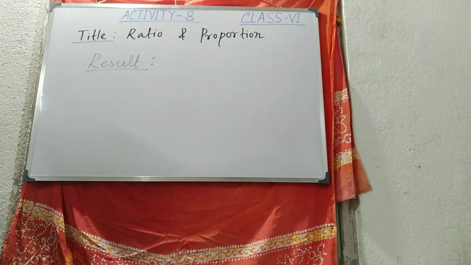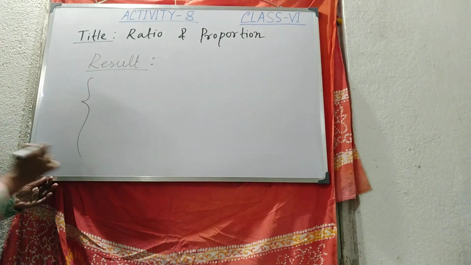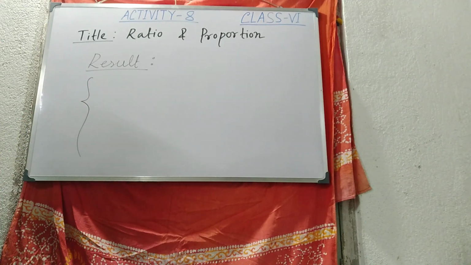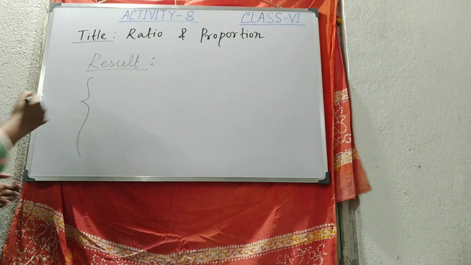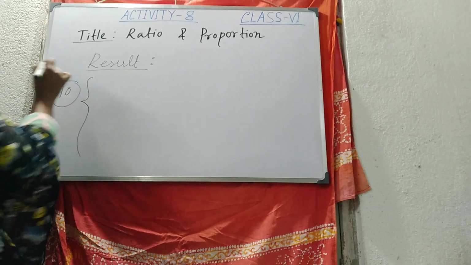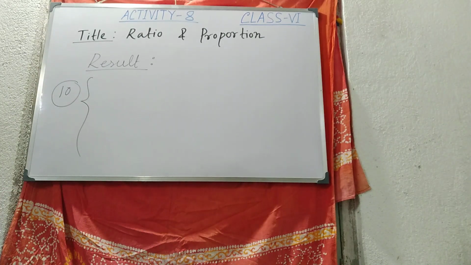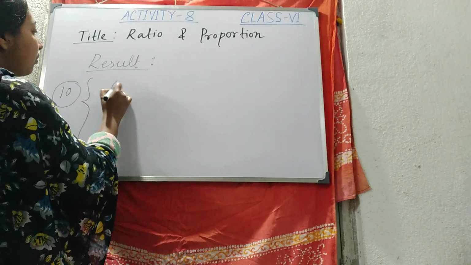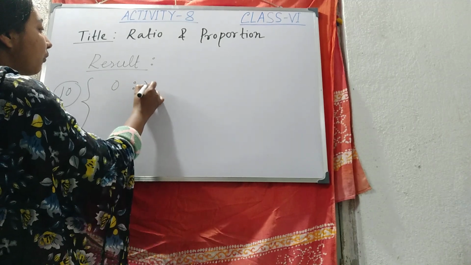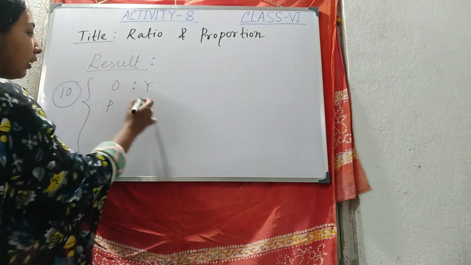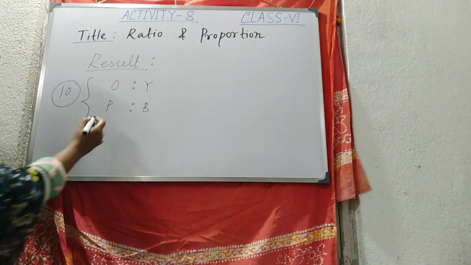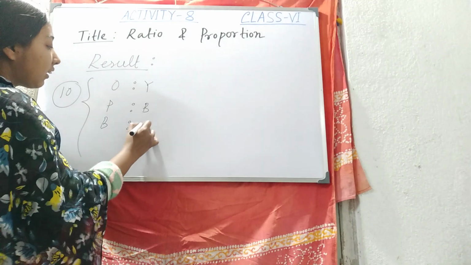Now after observing, in the result part you can make some questions of ratios by taking different colored squares, and at least 10 types of ratios you have to write in the result part. You can take the ratio of orange to yellow, again pink to blue. Again, if we reverse the order, blue is to pink, what will happen?